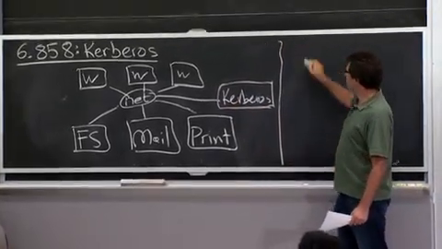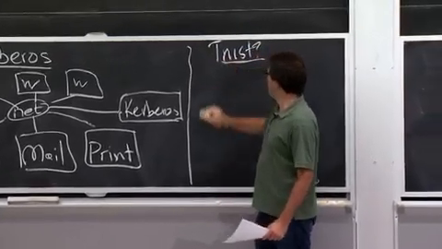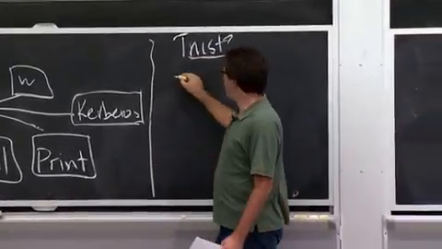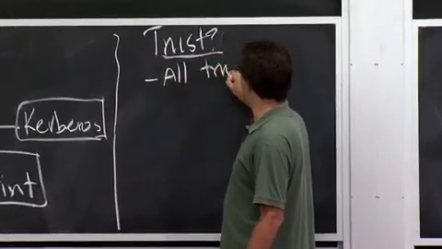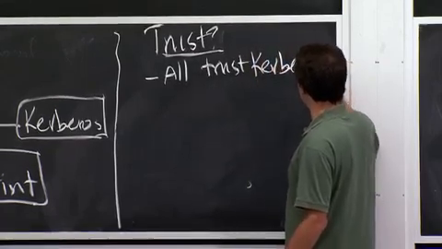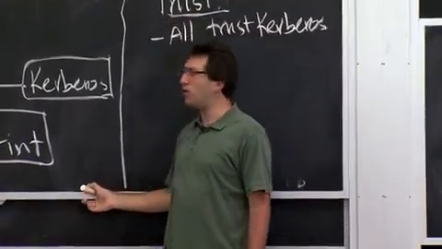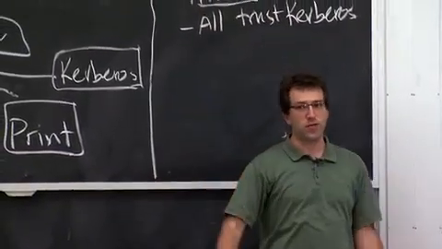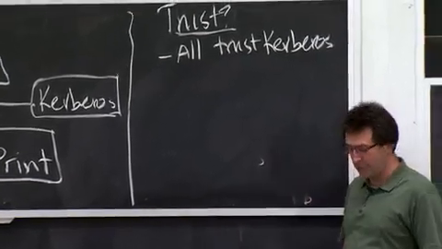But who do we have to trust in this Kerberos setting? Of course, one thing is that all parties have to trust the Kerberos server. That's an assumption that these guys were willing to make at the time, that this Kerberos server would be in charge of all network authentication in some form or another. Do we have anyone else that has to trust anything in this setting?